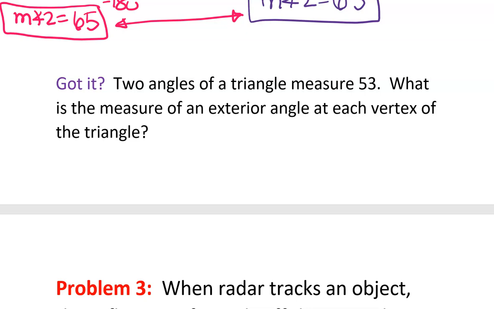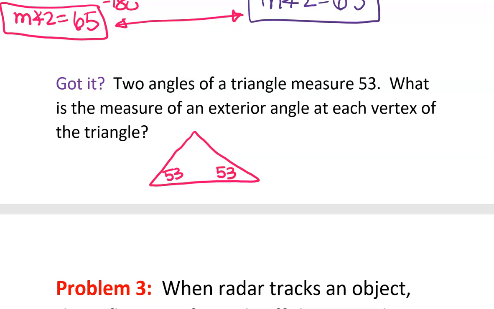Got a question. 2 angles of a triangle measure 53. What is the measure of an exterior angle at each vertex of the triangle? So draw a triangle. It really doesn't matter where you put them. I'm going to pick the acute angles.